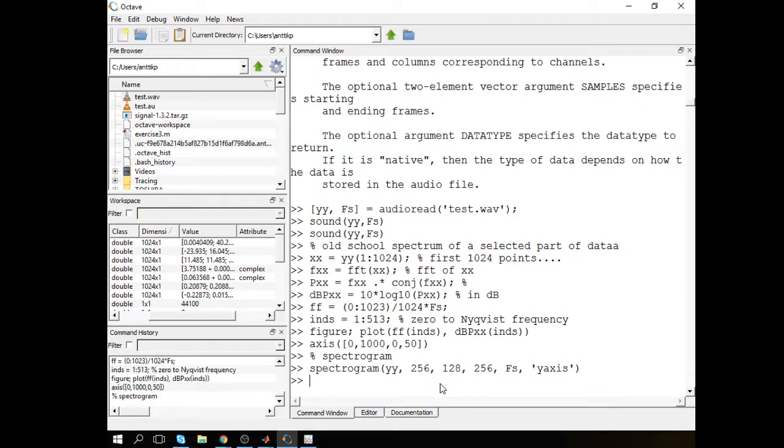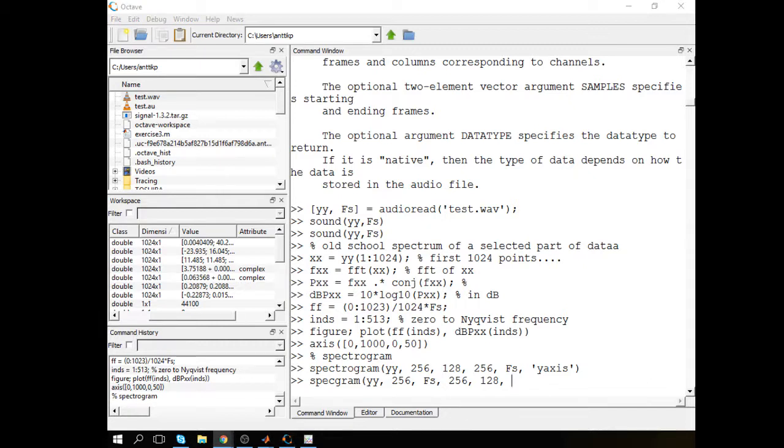I don't. I have Octave. It looks like, in my case, I need to use specgram. 256, sample rate, window size, overlap, and then the y-axis.